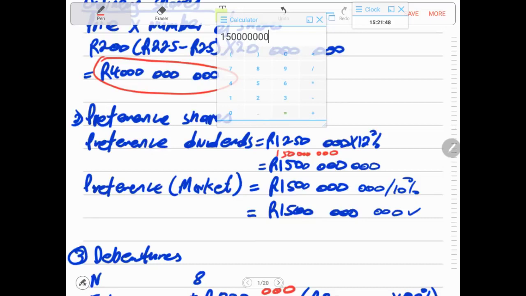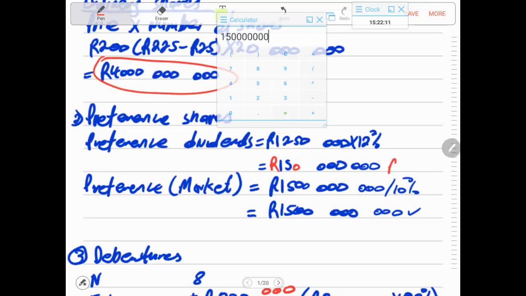Okay, it is 150 million. So our preference dividends were 150 million.